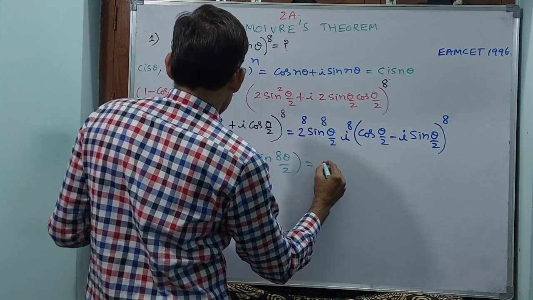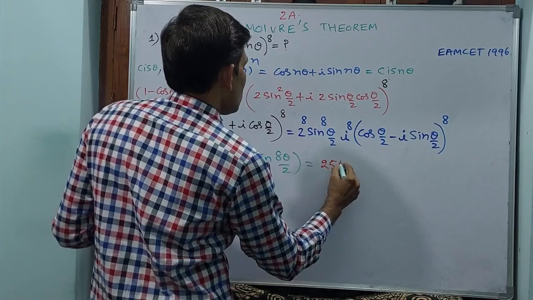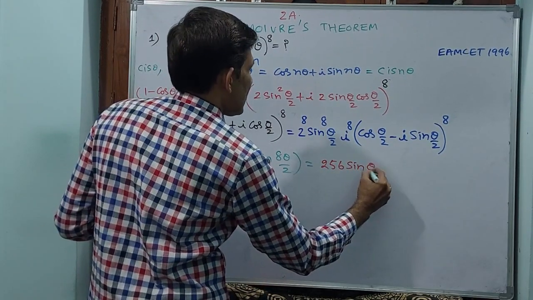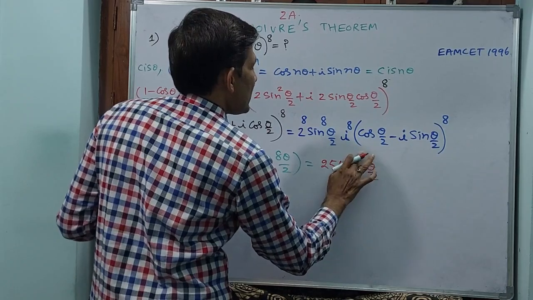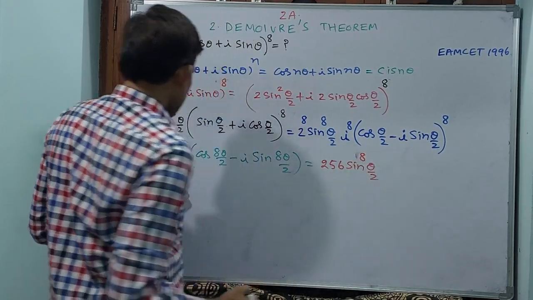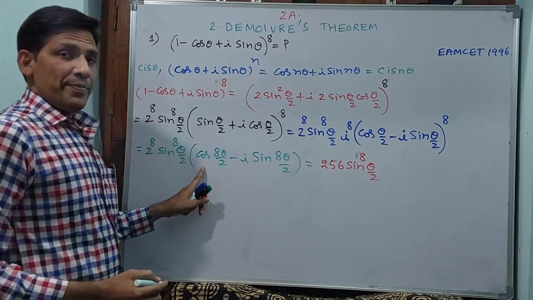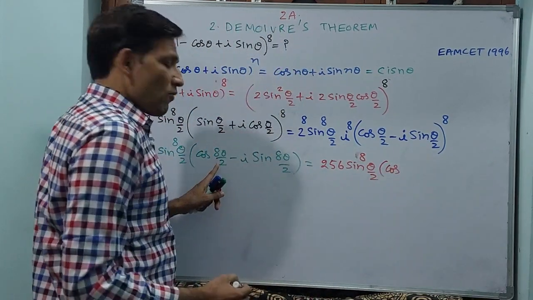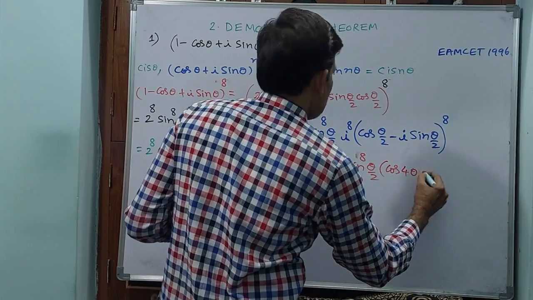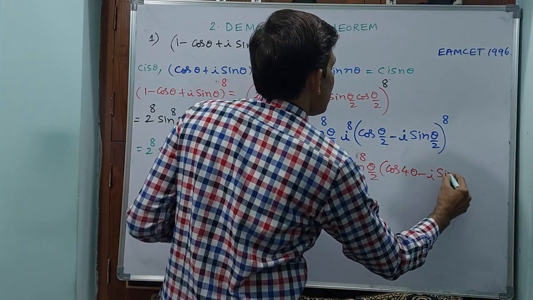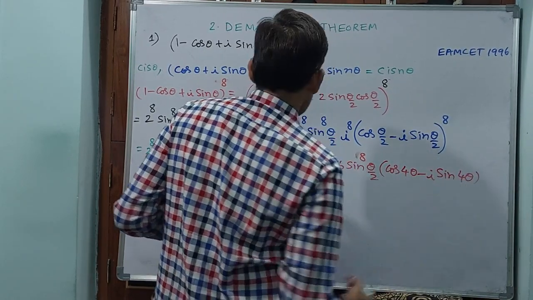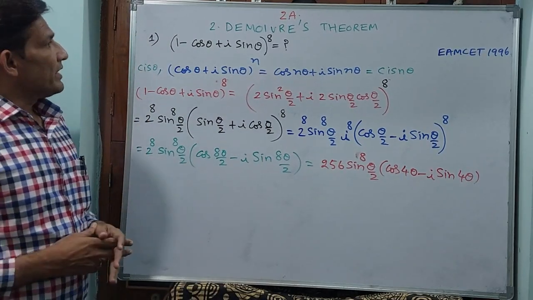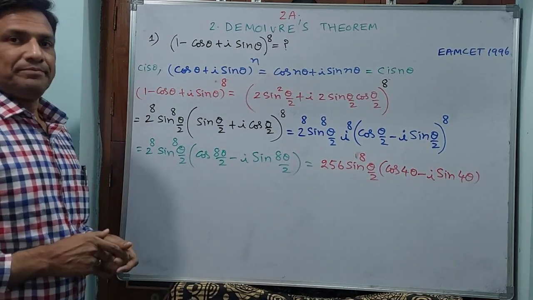Shall I write 256? 256 sine theta by 2 whole to the power of 8, and you see, cos 4 theta minus i sine 4 theta. Okay, this is your final answer. Take this, we will go for the second question.